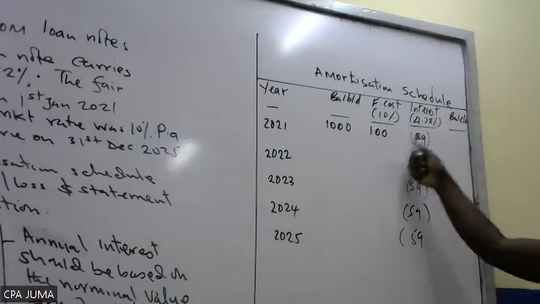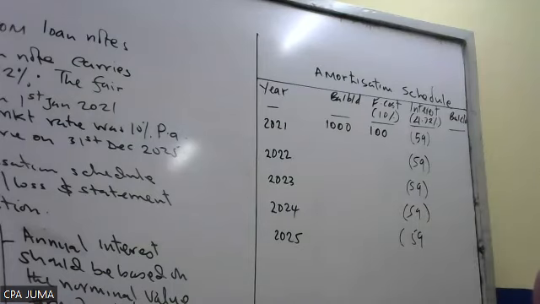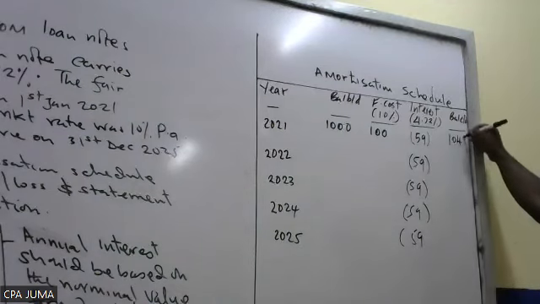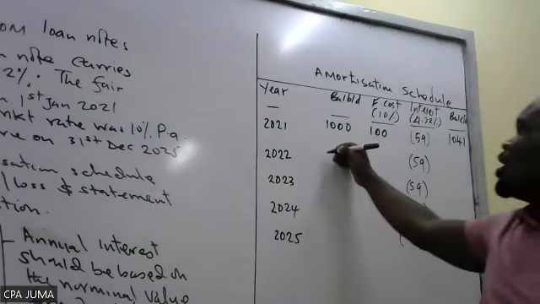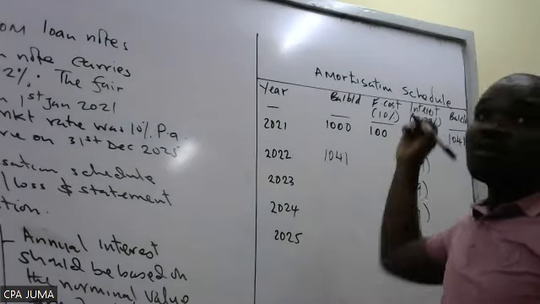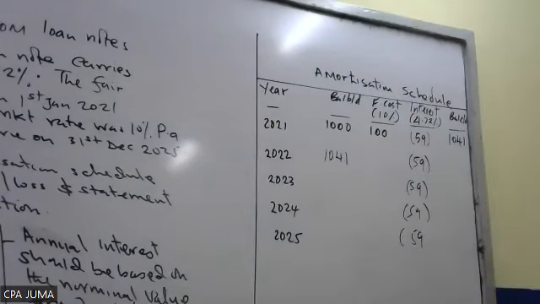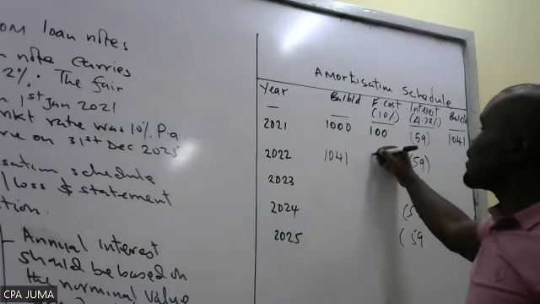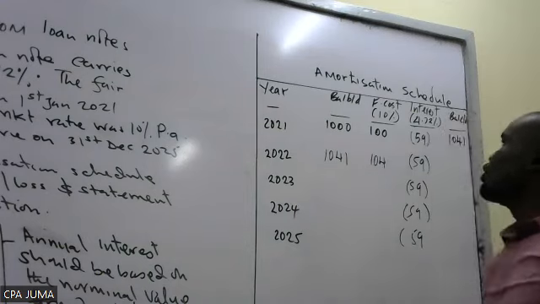So this plus this minus this should give us 1041. Then here we have 1041. 10% of 1041 will give us, let's round off, 104.